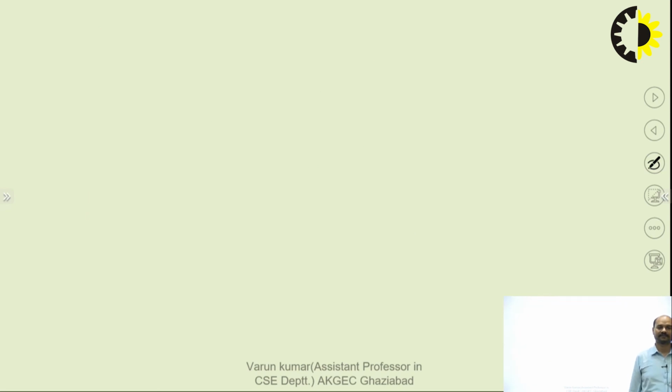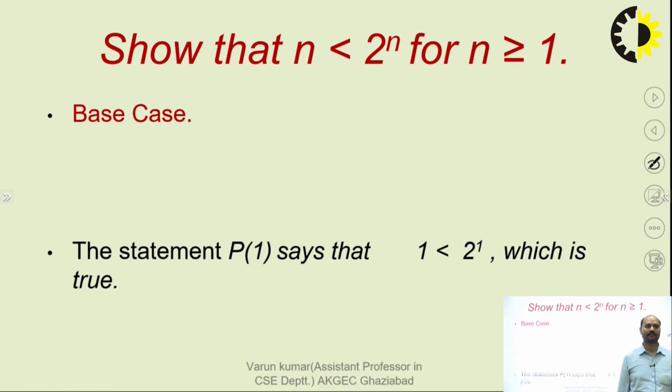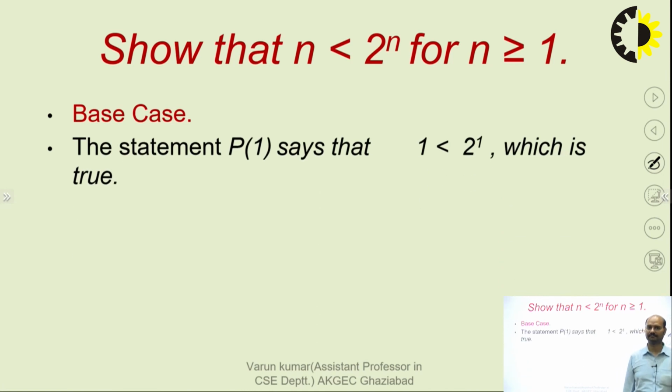So the next question is to show that n is less than 2 to the power n for n greater than or equal to 1. For the base case, we put the initial value, that is P1, then 1 is less than 2 to the power 1, which is true.